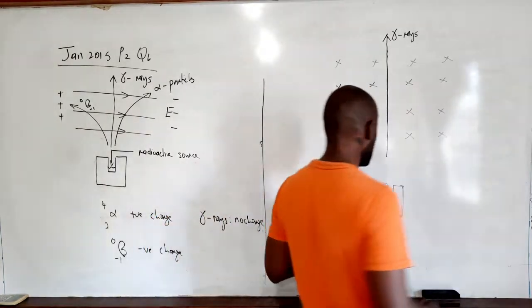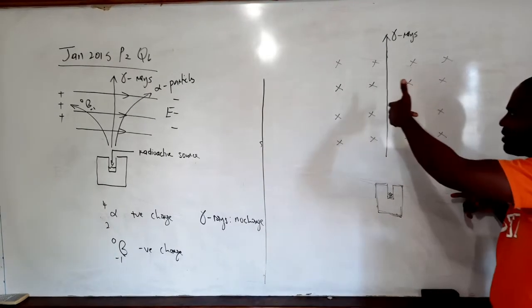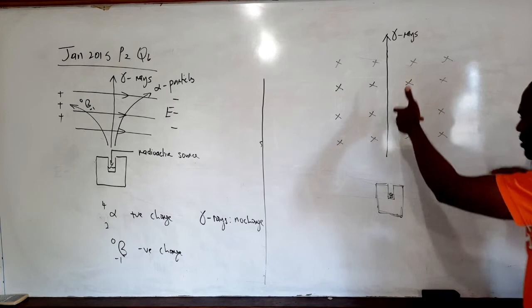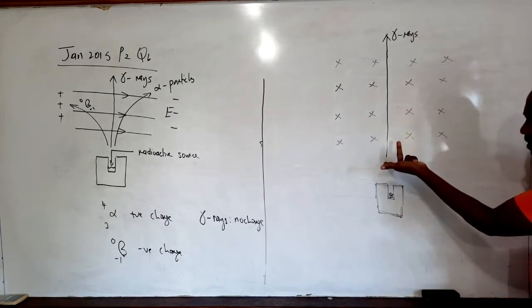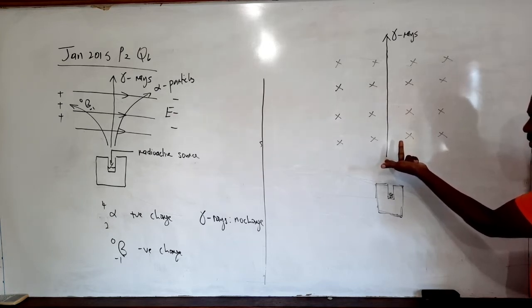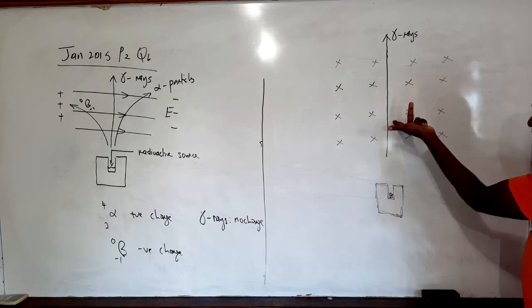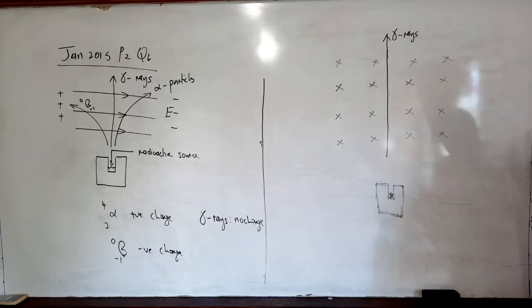The magnetic field is going into the board and the alpha particles are moving upwards, and because they're positively charged, the direction of this conventional current would be upwards. And so this leaves our thumb pointing to the left. Therefore, the alpha particles will be deflected towards the left.